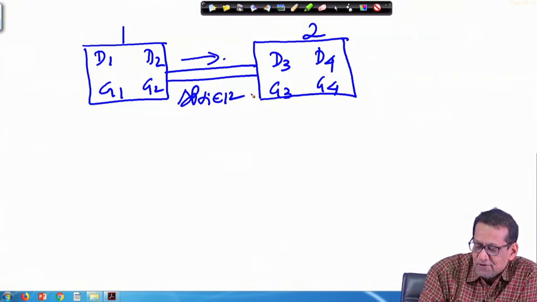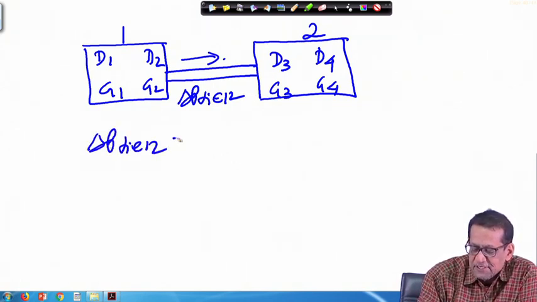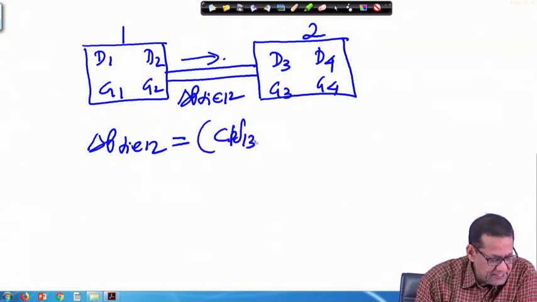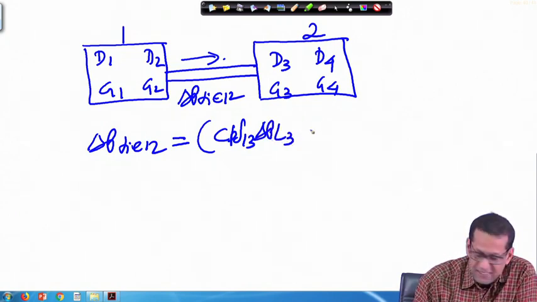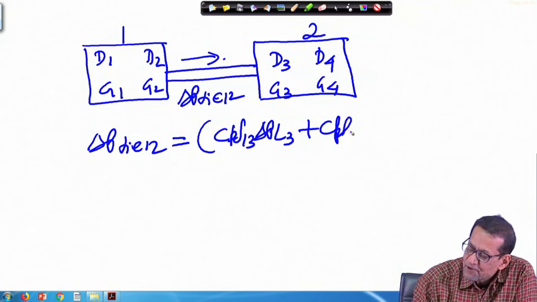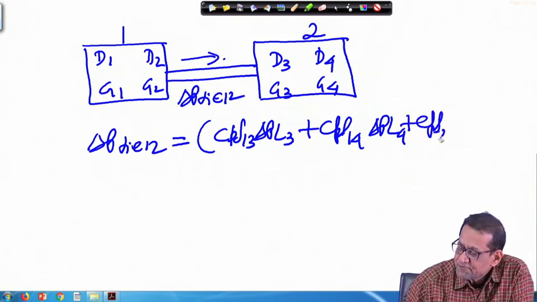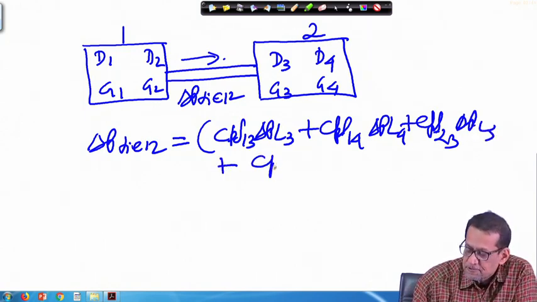So, if you expand that equation, delta p tie 1 2 is equal to, I am writing here, Cpf 1 3, I told you how to make it, delta PL 3 plus Cpf 1 4 delta PL 4, plus Cpf 2 3 delta PL 3 plus Cpf 2 4 delta PL 4.